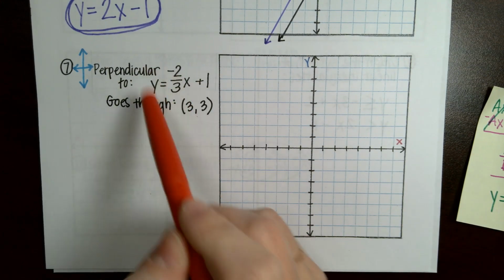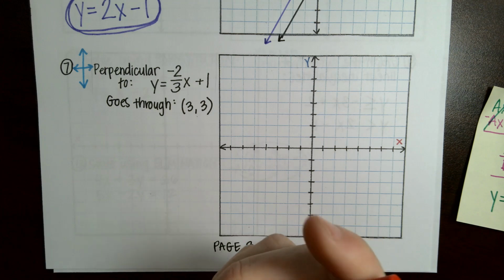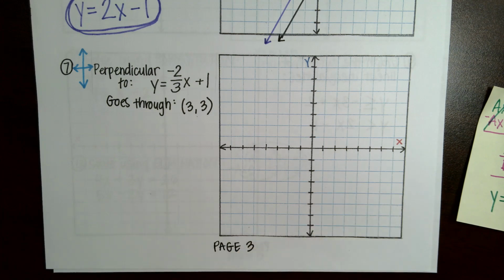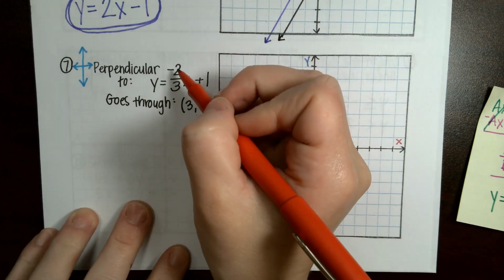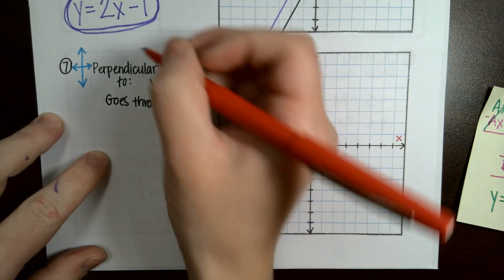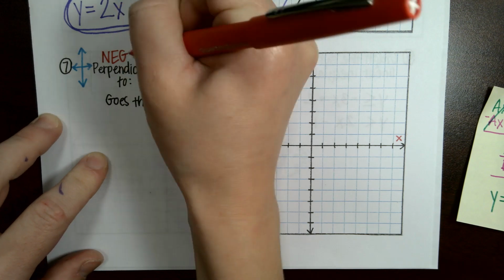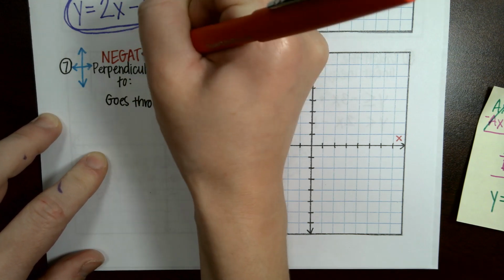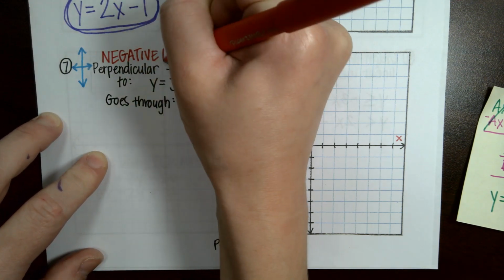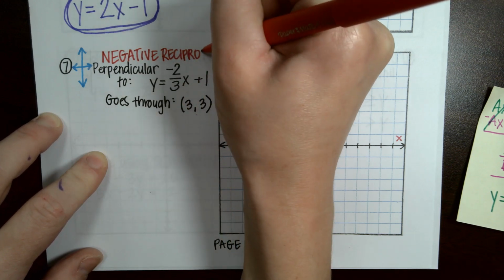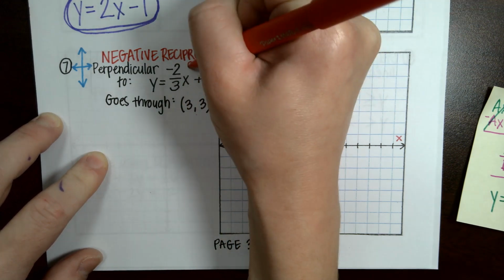How are we going to find the slope of our new line? Because it's different. So this is called negative reciprocal. You guys remember that? Good. Negative reciprocal slopes.